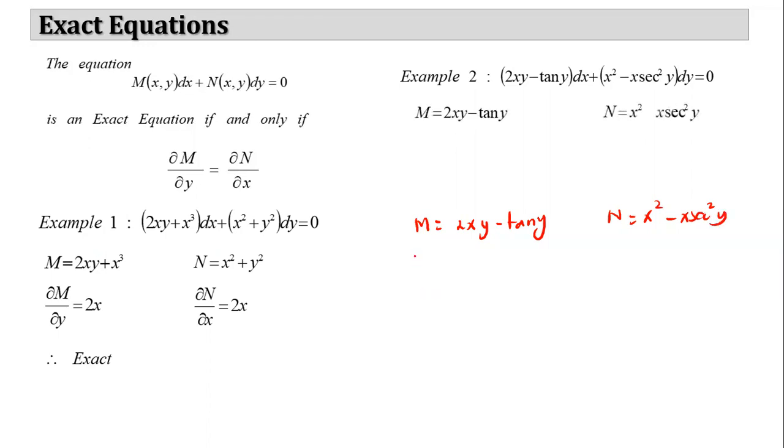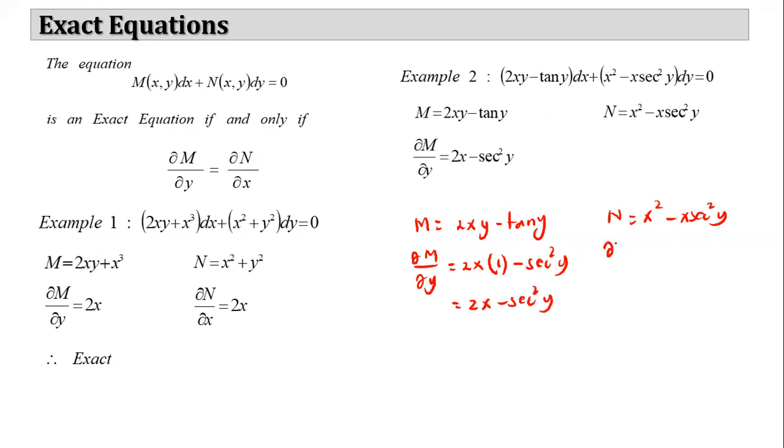Then we differentiate M partially with respect to y, again holding x constant. So you just copy 2x, and then you differentiate y, and that is 1. And you take the derivative of negative tan y, and that is negative sec^2 y. So you have 2x - sec^2 y.